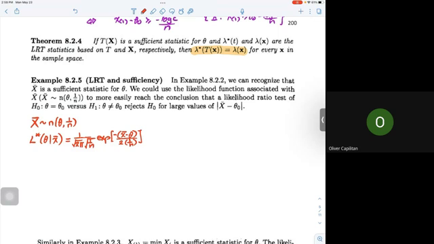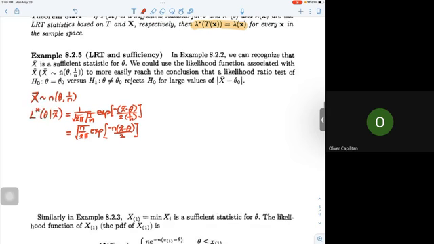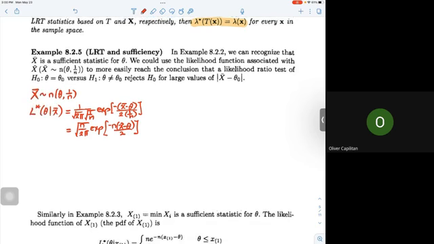So this is simply equal to the square root of n over 2 pi, the exponential of negative n x bar minus theta over 2. Okay, so yan yung ating likelihood function based on our sufficient statistic.